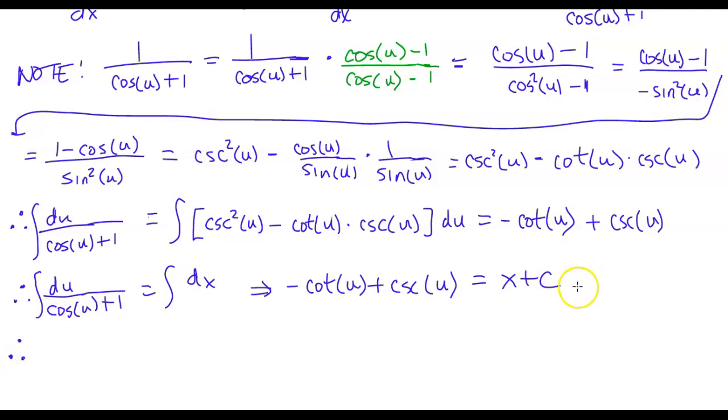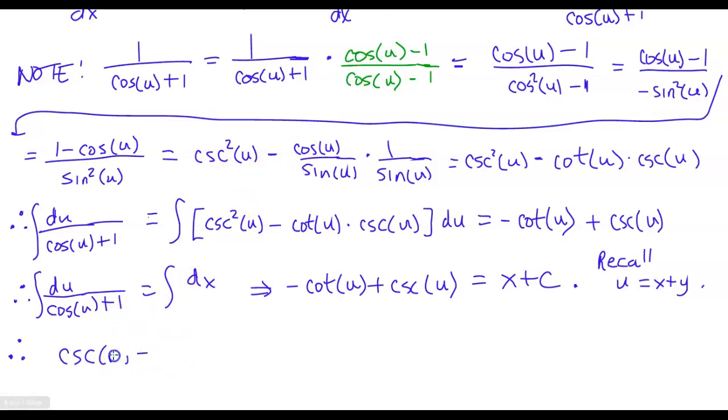All right. So here we just want to recall that u was x plus y. So here we have, therefore, and I'm going to switch these two terms around just because I don't want to forget to write the negatives later on. So I'm going to say cosecant of u.